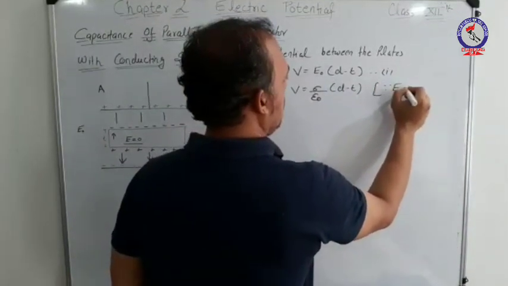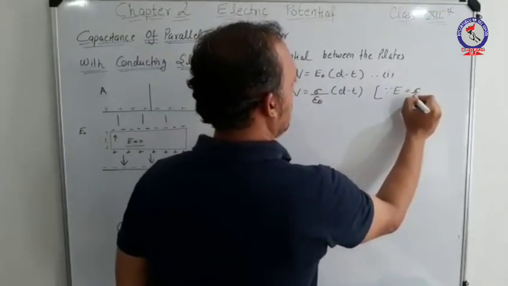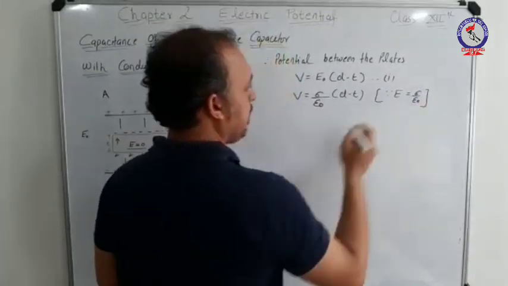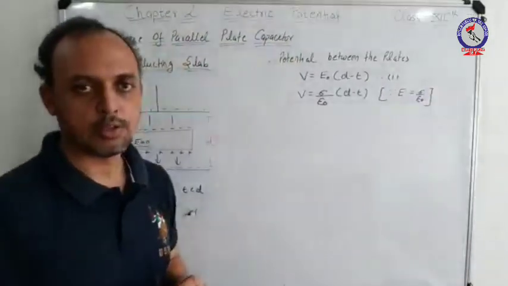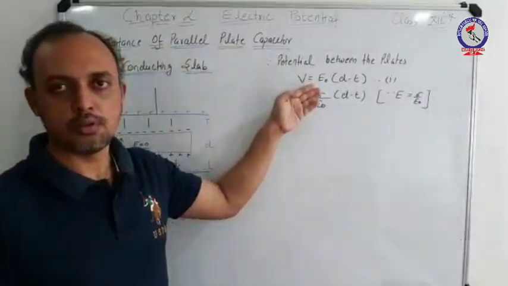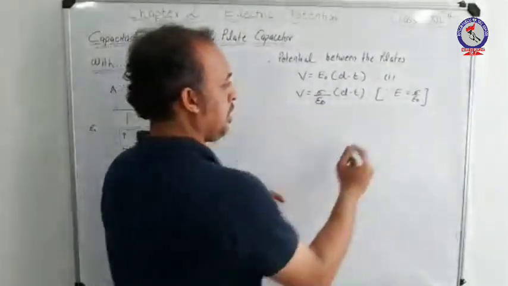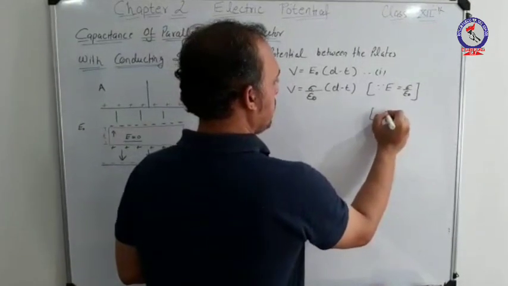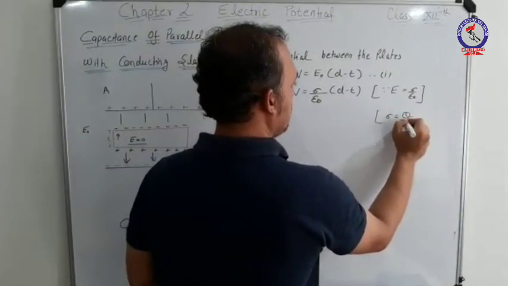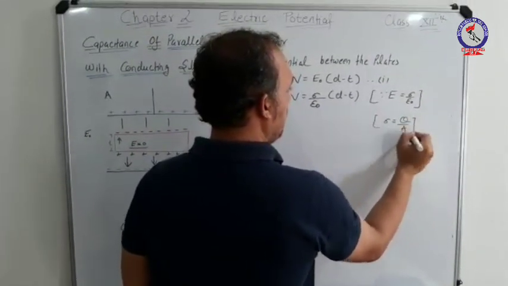Since E0 equals sigma upon epsilon 0, it is the magnitude of the field between the plates of the capacitor. Here sigma represents uniform charge density, that is, charge per unit area.